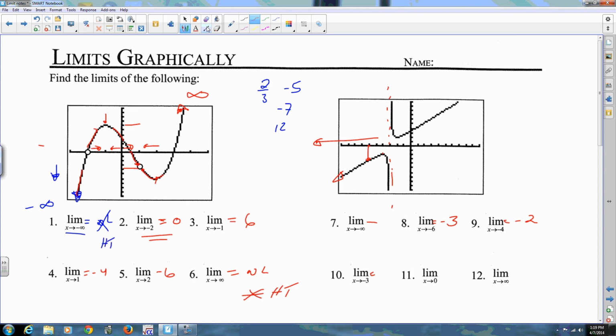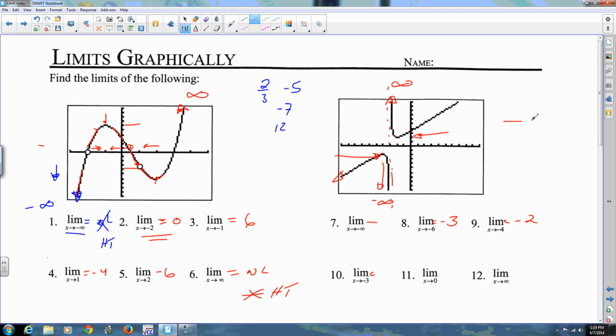So as you approach from the left, as you approach that asymptote from this side, your graph is going down to negative infinity. As you approach from this side, your graph is shooting up, so it's going to positive infinity. It is not converging to the same number.